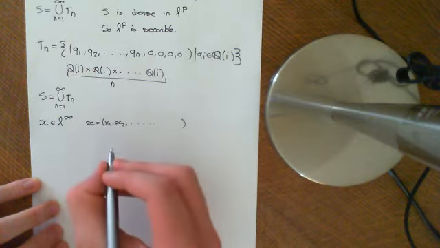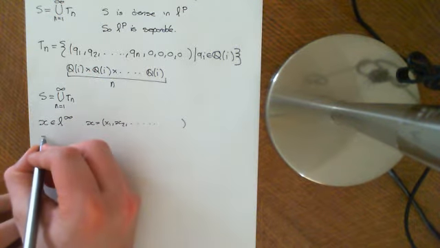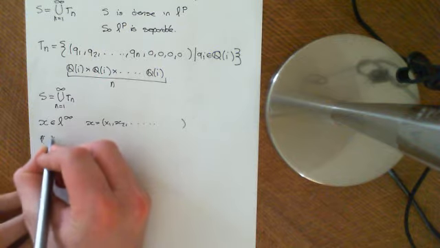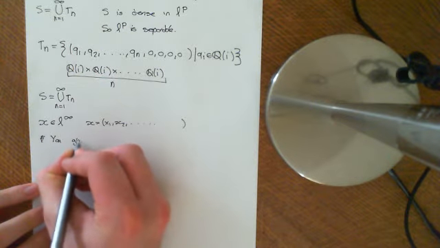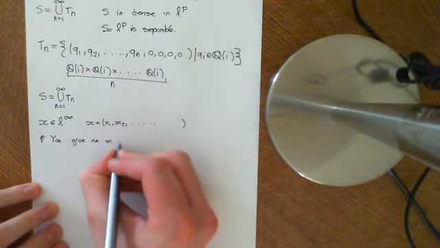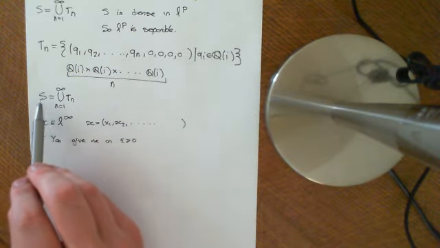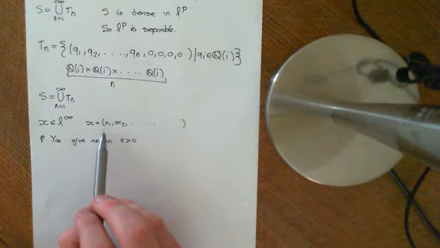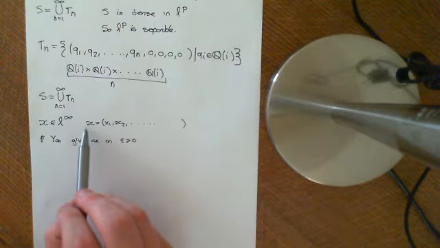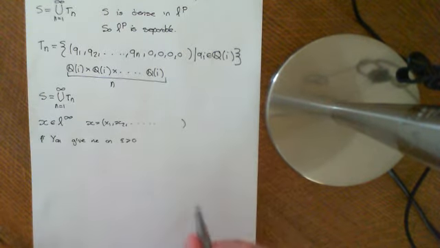Then you give me an epsilon greater than 0, and you challenge me to find a sequence in this set big S which is a distance from this sequence less than epsilon.